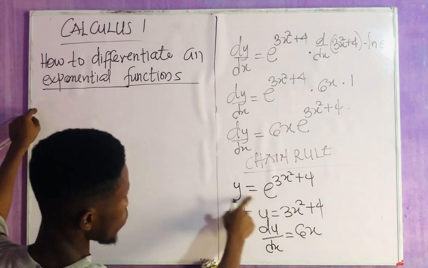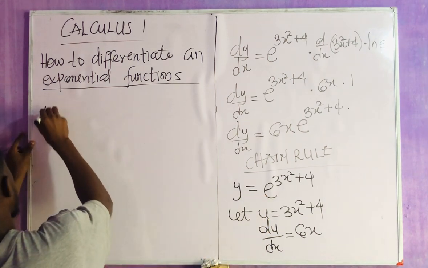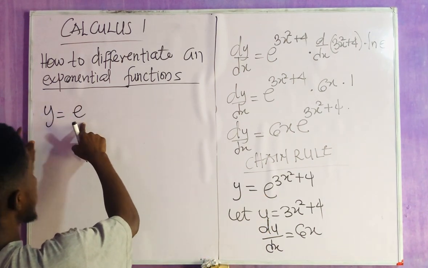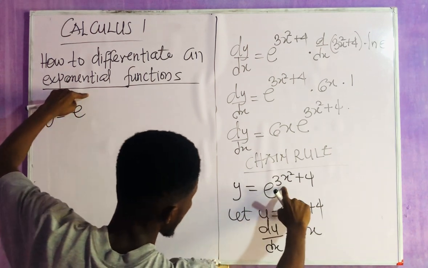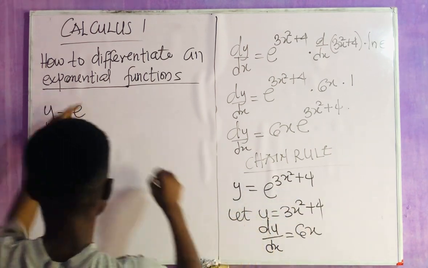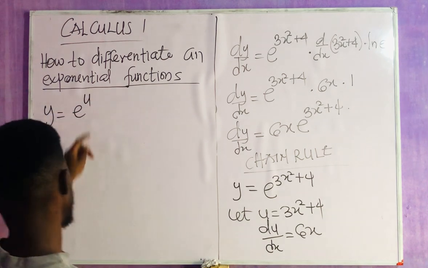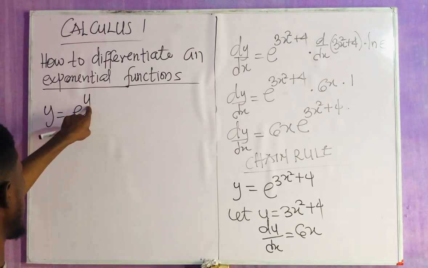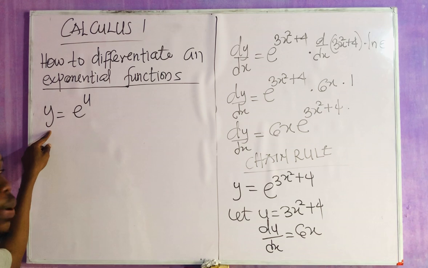Alright, so let's move with this one. Now we are saying that y is equal to e, but the whole of 3x squared plus 4 is now u. So I'll replace it here by u. In this case, our u becomes the independent and the y becomes what? Dependent.